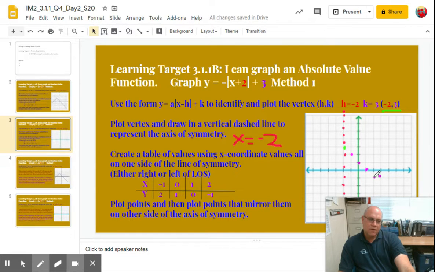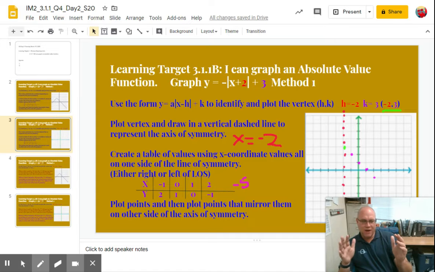Now, just to show you, let's say I would have substituted negative 5. If I substitute negative 5 for x, what do I get for y? Negative 5 plus 2 is negative 3. What's the absolute value of negative 3? Positive 3, right?